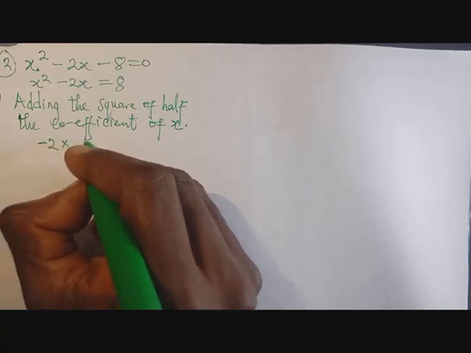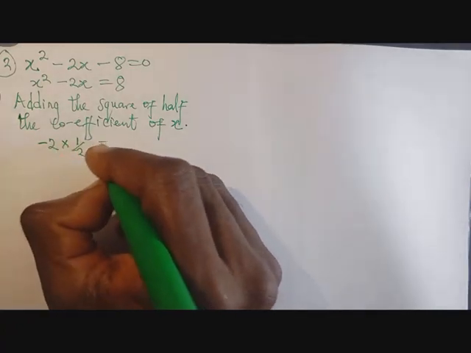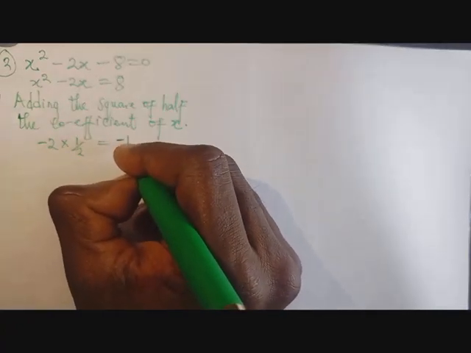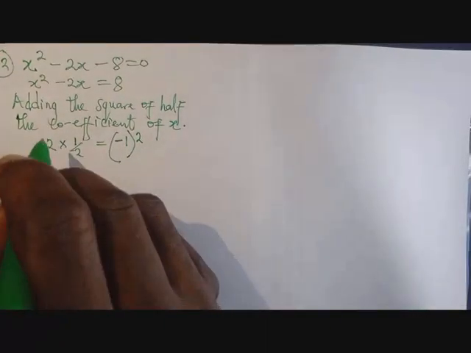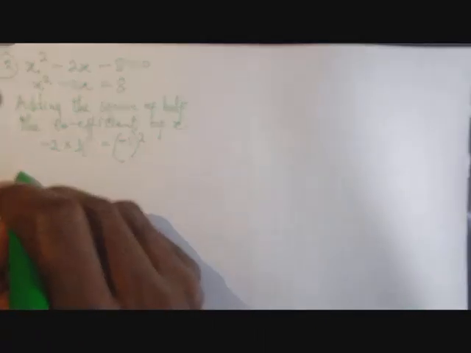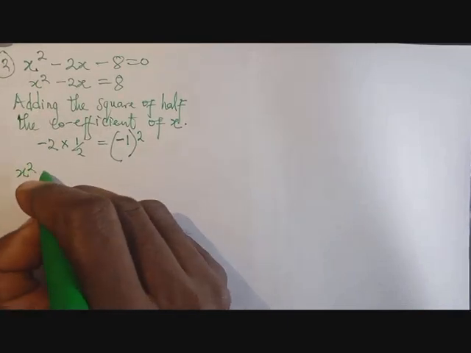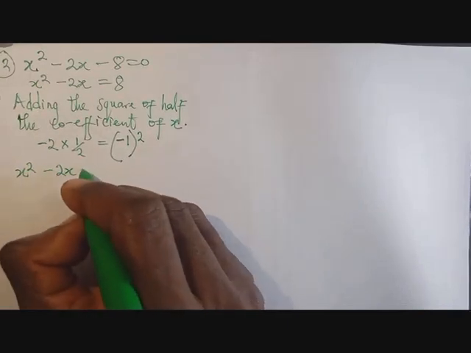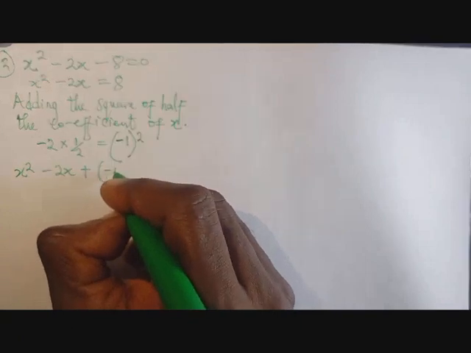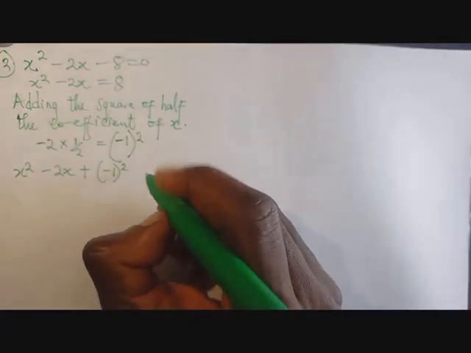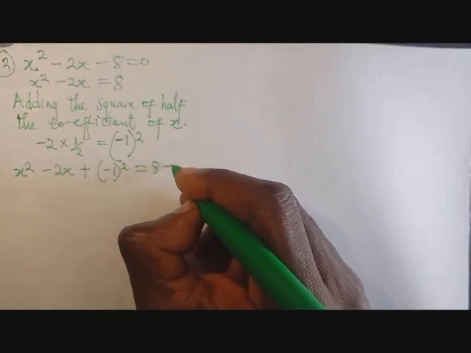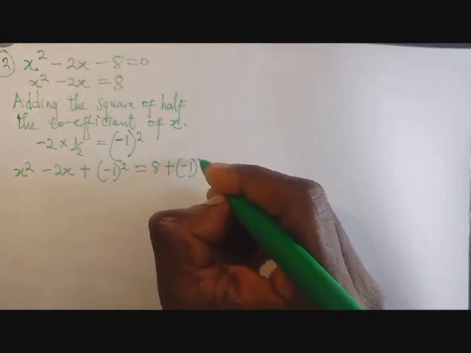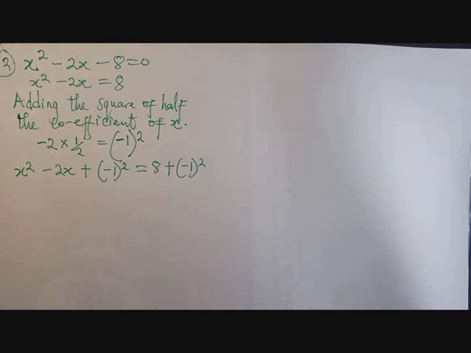Half of it simply means multiply by 1 over 2. And so the half of it is simply minus 1. So what is the square of it? So minus 1 squared. So this is x squared minus 2x plus minus 1 all squared equals 8 plus minus 1 squared. So that's it, very simple.